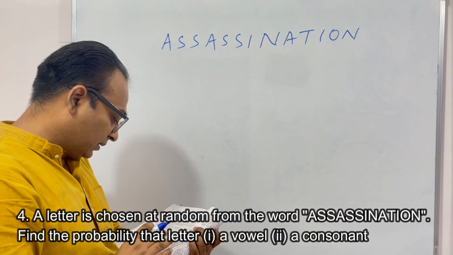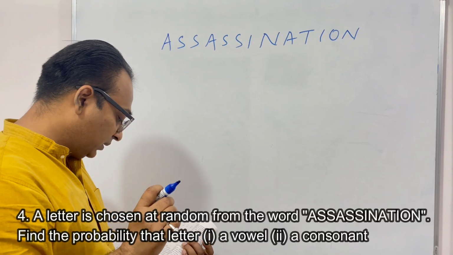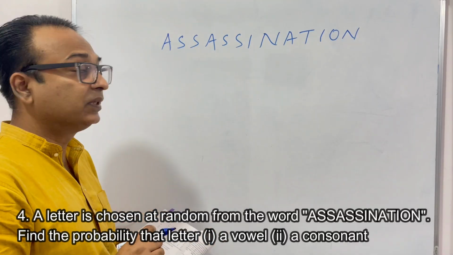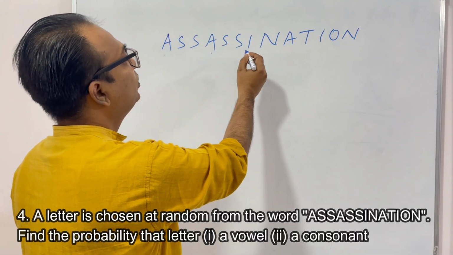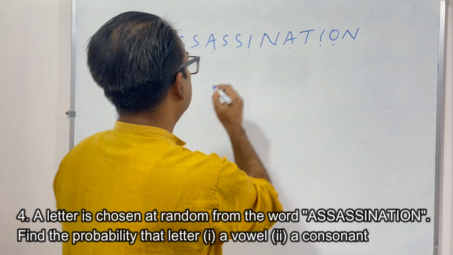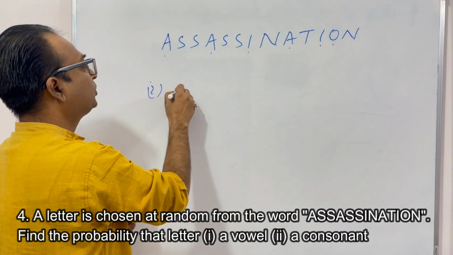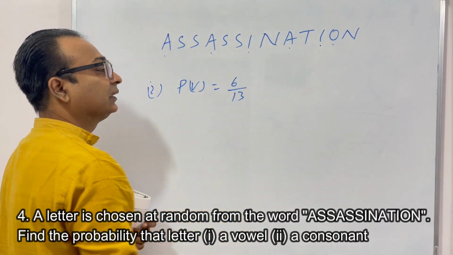And it says one letter is chosen at random. What is the probability that it is a vowel? So how many vowels are there? 1, 2, 3, 4, 5, 6. Therefore, the probability of a vowel is 6 by the total number, that is 13.